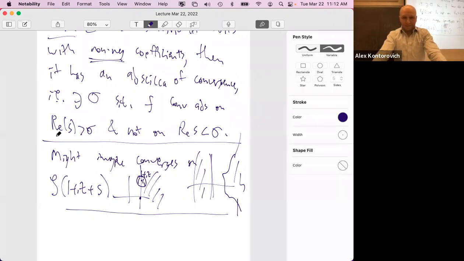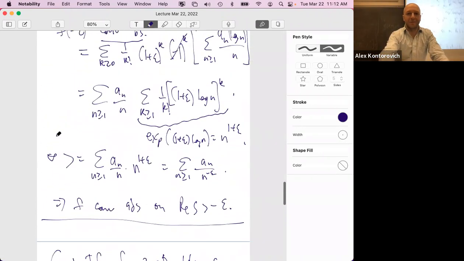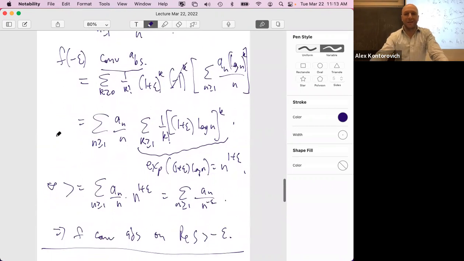Where we're using that the coefficients are positive is in that last step where we have a_n over n to the minus epsilon; each term is the absolute value of a_n over n to the minus epsilon plus it. So the absolute convergence here, what does that mean?